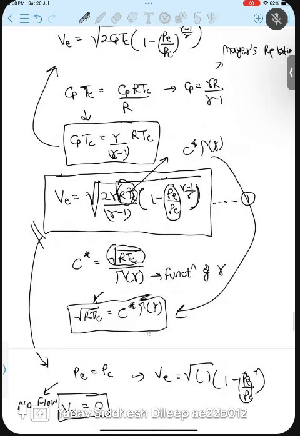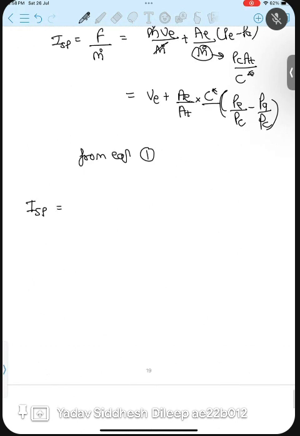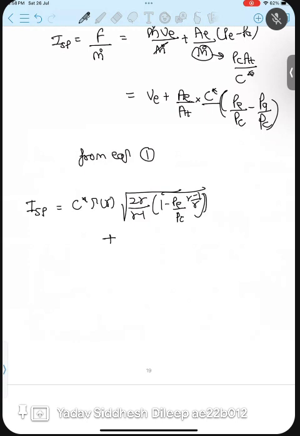From equation 1 I can write the whole ISP as C star times the square root of 2 gamma upon gamma minus 1 times (1 minus (P by PC) raised to (gamma minus 1) by gamma), this term, plus A by At C star (P by PC minus PA by PC).